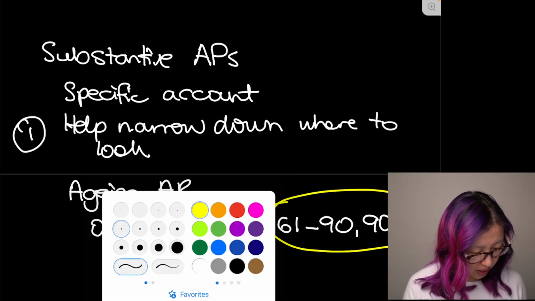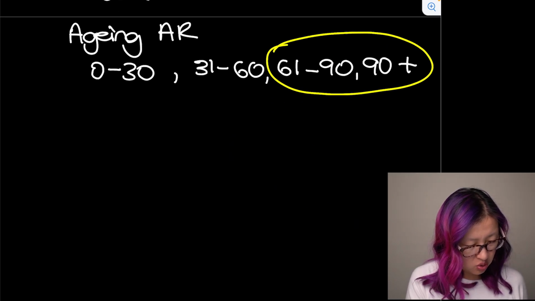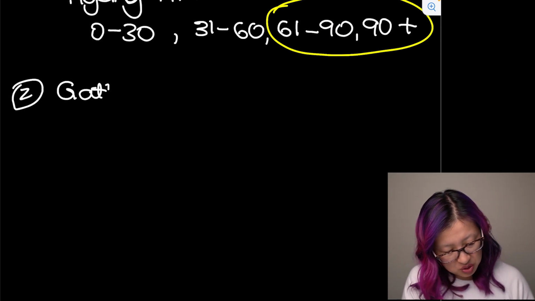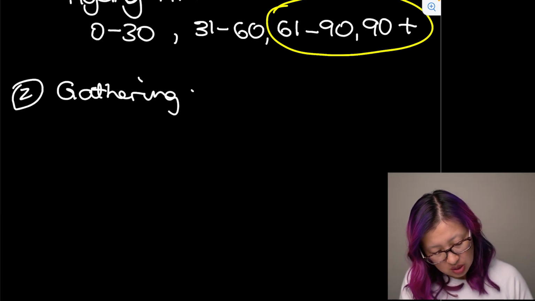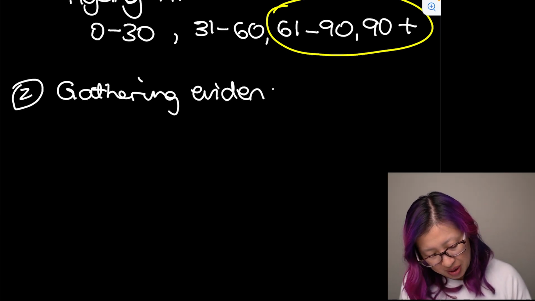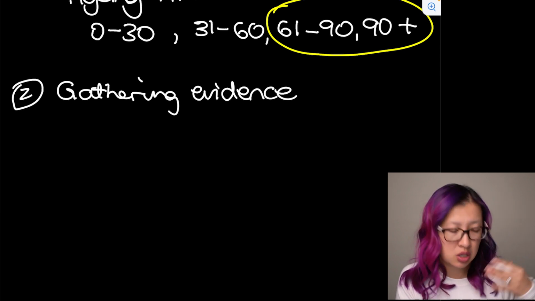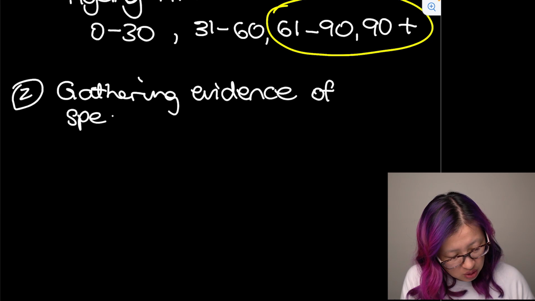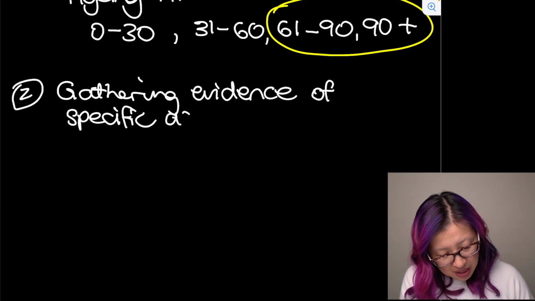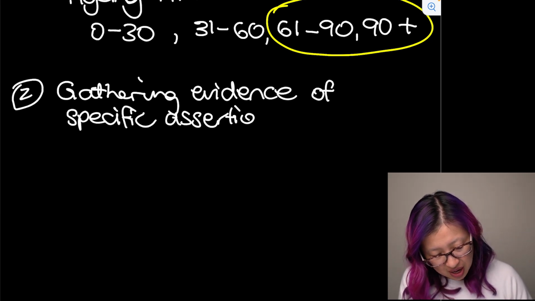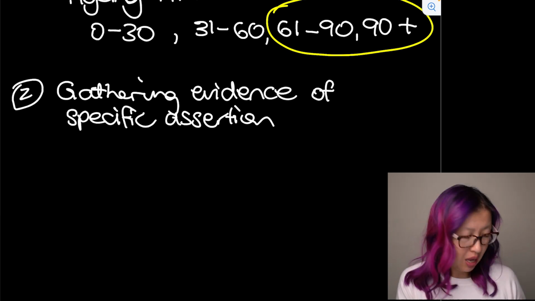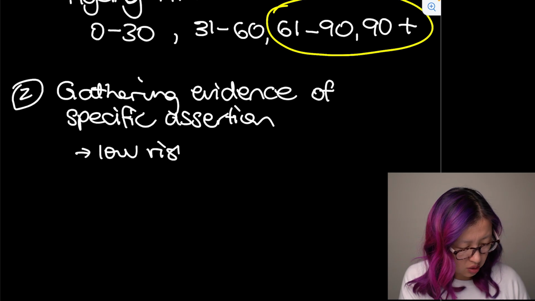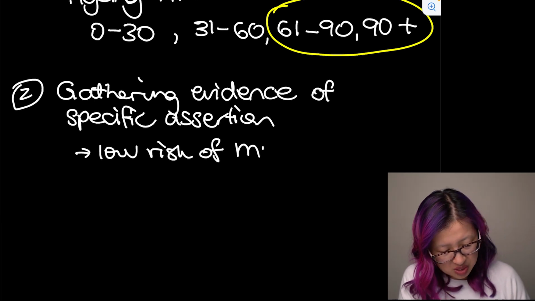The other way in which we can use a substantive analytical procedure is to gather evidence on a specific assertion. All right. Now, normally, we talk about tests of transactions and details, but in certain circumstances, we might actually use an analytic to gather evidence on a specific assertion, particularly where there might be low risk of a material misstatement.